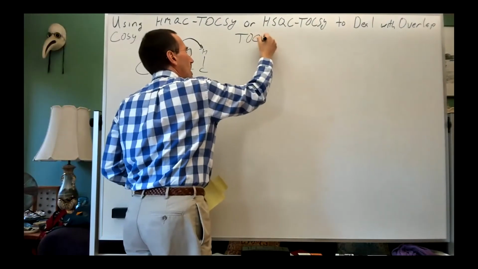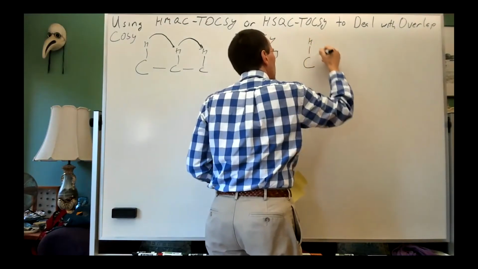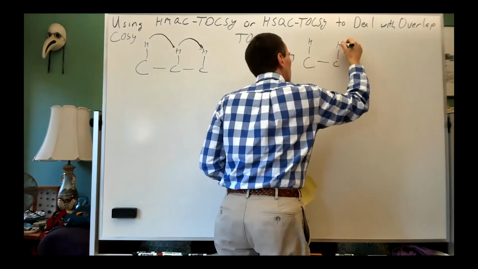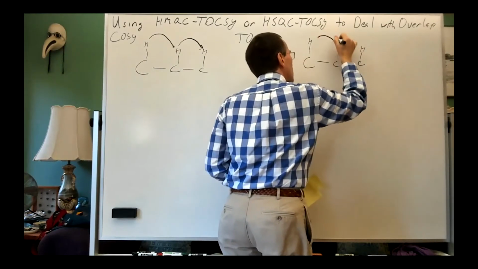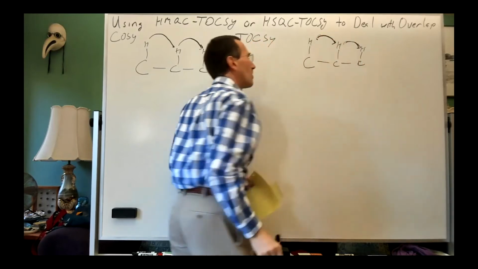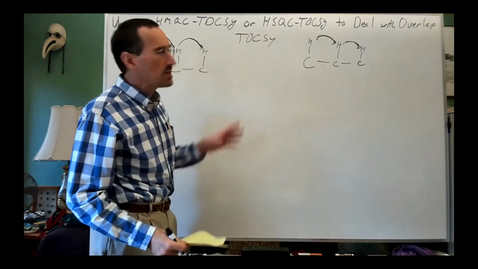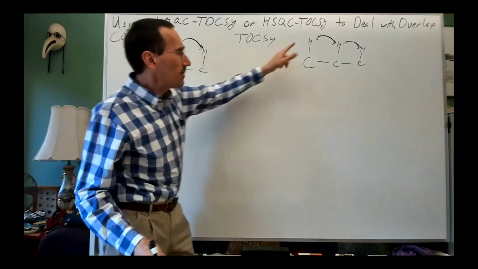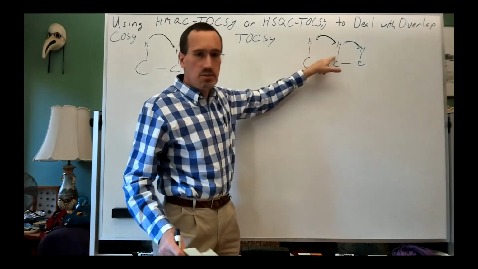By comparison, in TOCSY, we get the advantage that in addition to getting cross peaks for the protons that are directly coupled, as in COSY, we can hop from proton to proton by spin-spin coupling.